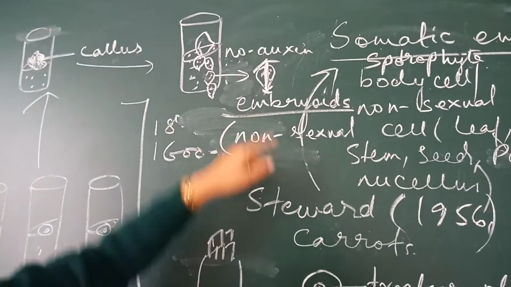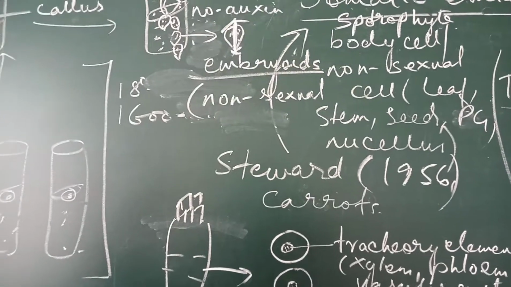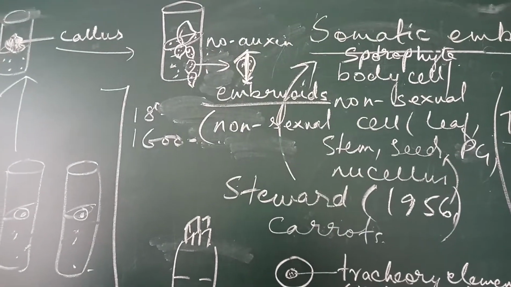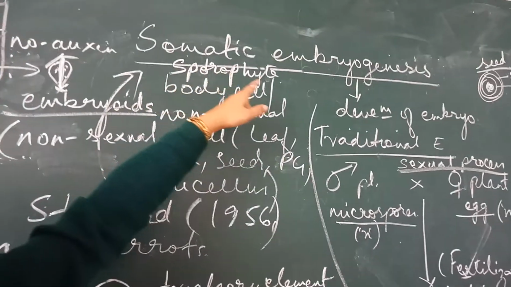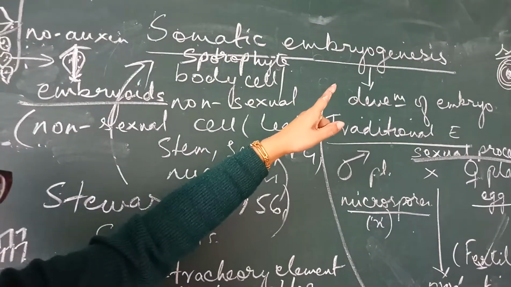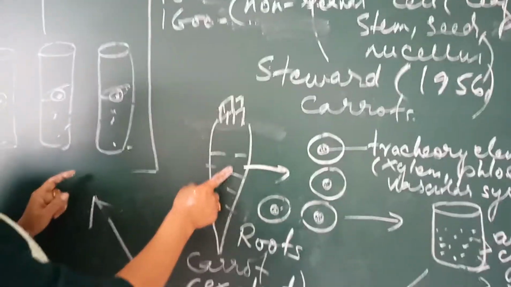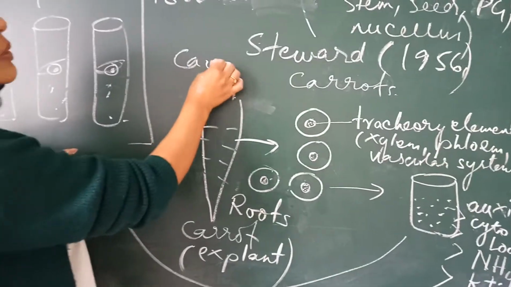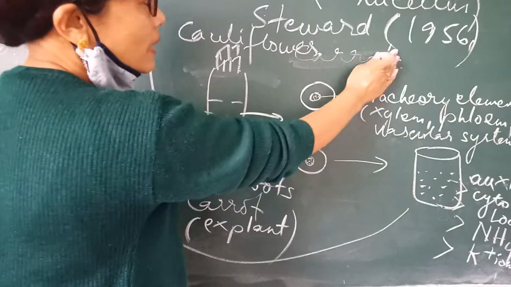And this non-sexual process through which embryos can be given out is known as somatic embryogenesis.